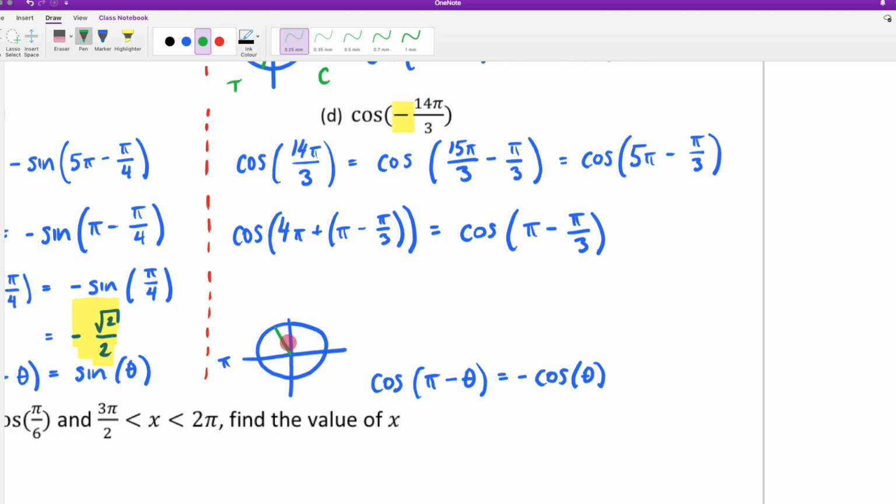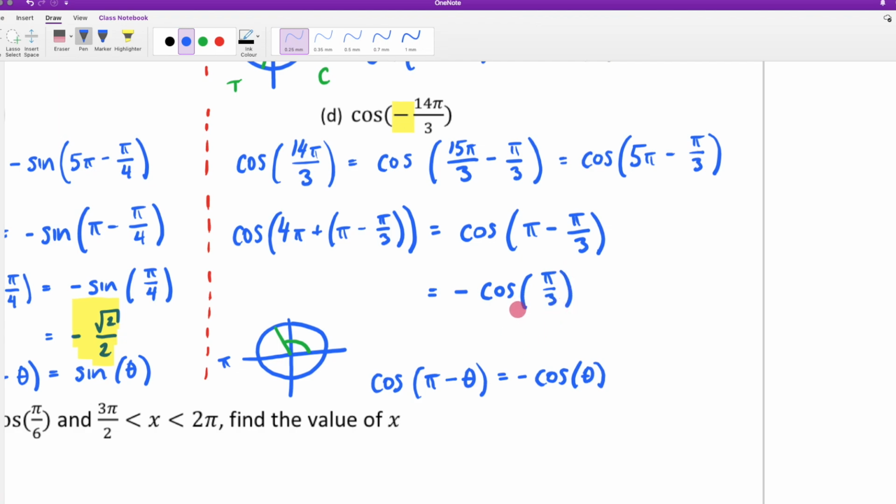And that is obviously in my second quadrant, where cos is negative. Thinking of cos as my x value, so anything left of my y-axis is obviously going to give me a negative cos. So now I could rewrite this as negative cos of pi over 3.